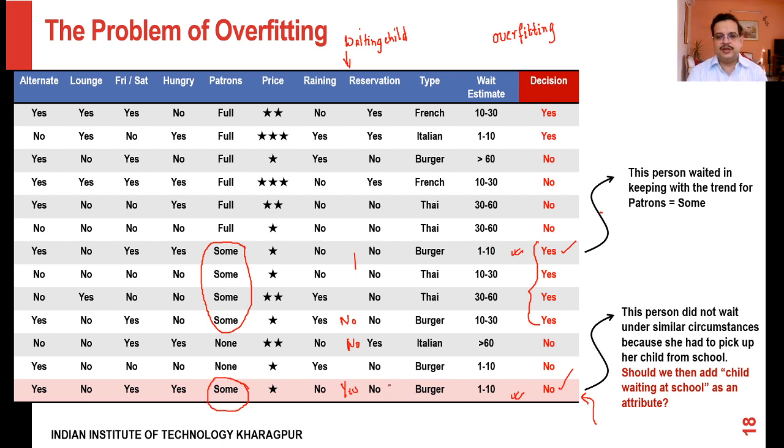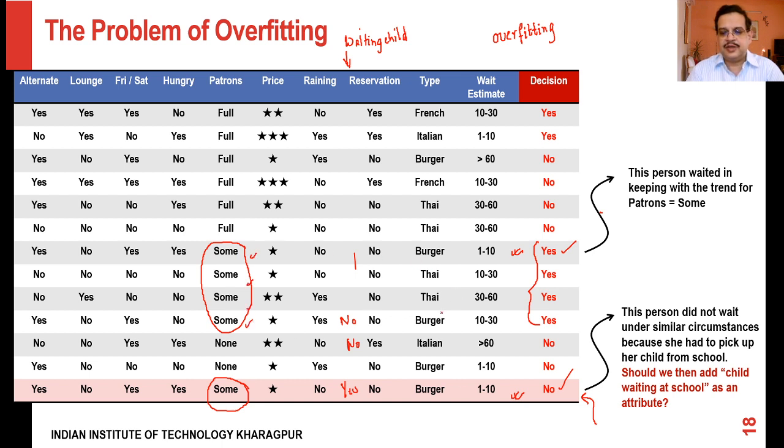So that is why you may in some cases reach a leaf node and say that, well, there may be other attributes, but you don't want to bring them in because they may not actually have a significant contribution to the decision. Therefore we may terminate at the same level, and instead of adding another node, we simply say that whenever patrons is some, the decision is yes.